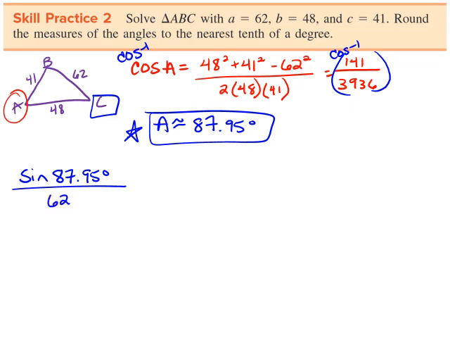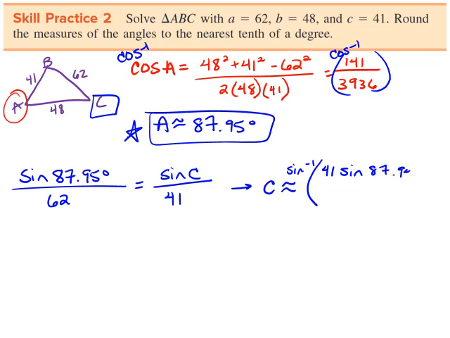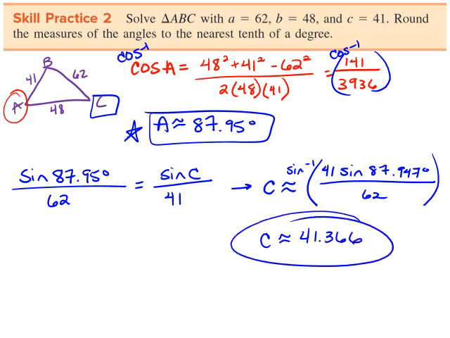This is divided by 62 is equal to sine of C divided by 41. So I'll find that C is approximately sine inverse of 41 sine of 87.947 degrees, all divided by 62. And this is approximately 41.366.